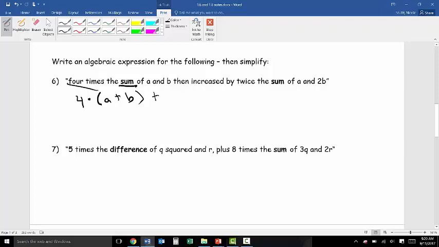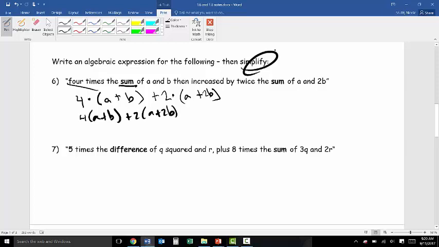You're increasing by twice, that means 2 times. There's the sum of again, so parentheses with a plus. And you're adding A and 2B. So if you want to clean that up a little bit, it's going to look like 4 times A plus B plus 2 times A plus 2B.